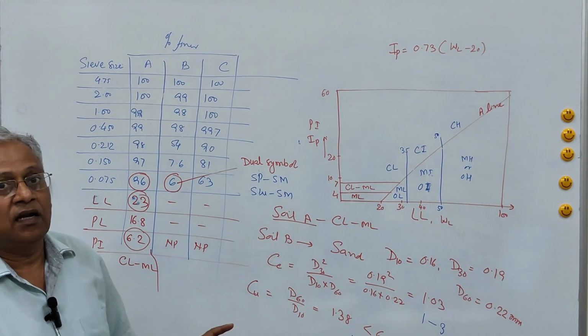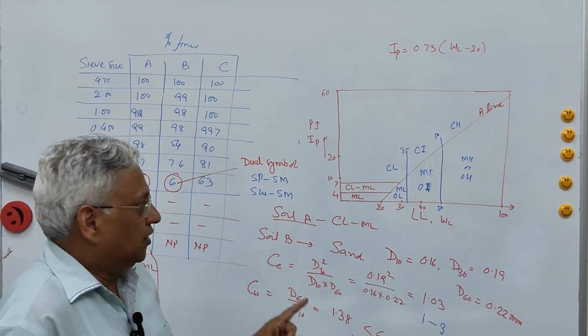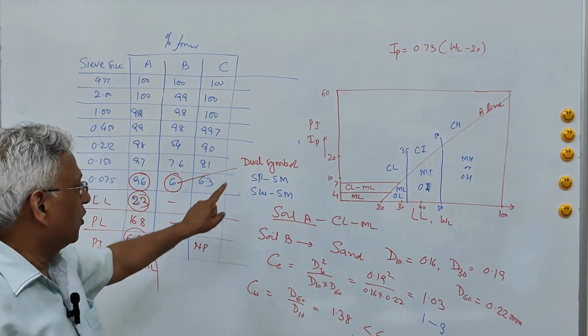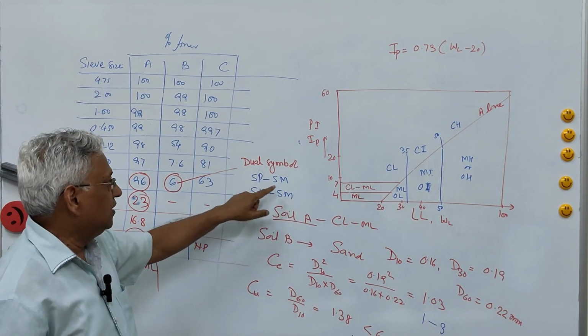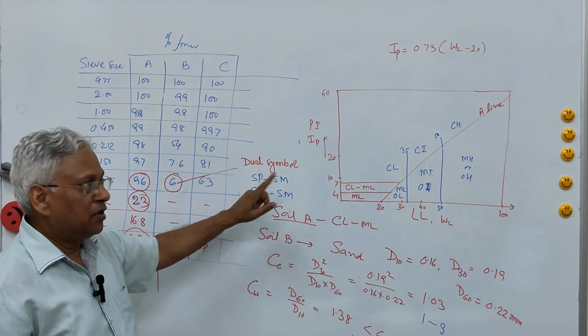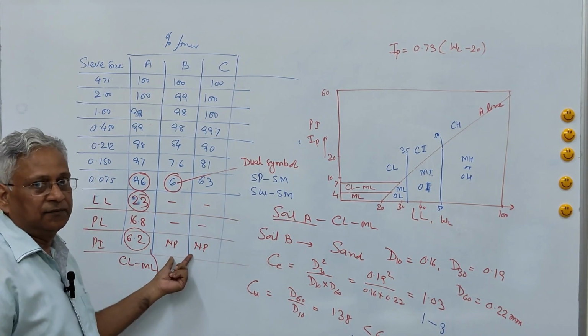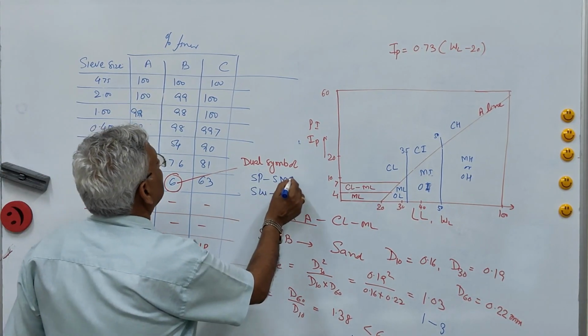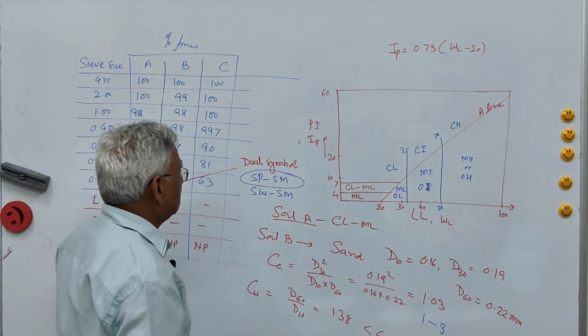Now, these conditions are not satisfied. Therefore, it is not well graded, it is poorly graded. And this is sand with silt because it is non-plastic material. So, correct classification of this soil is SP-SM.